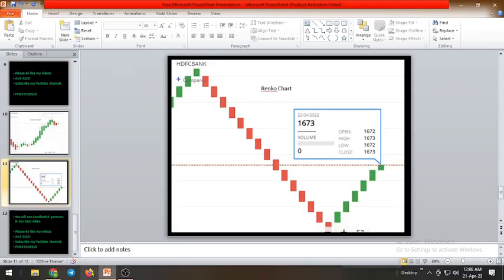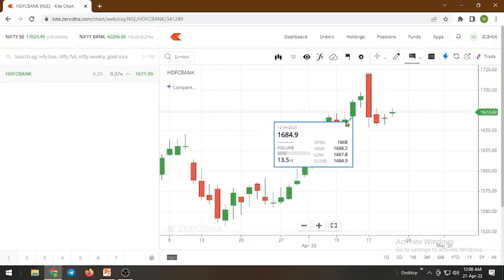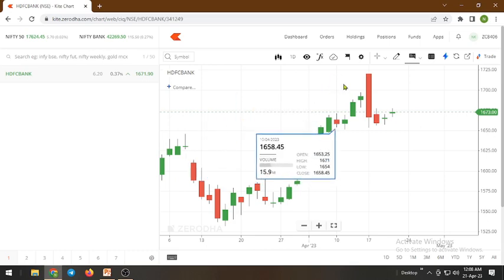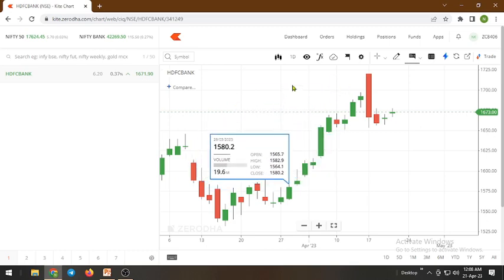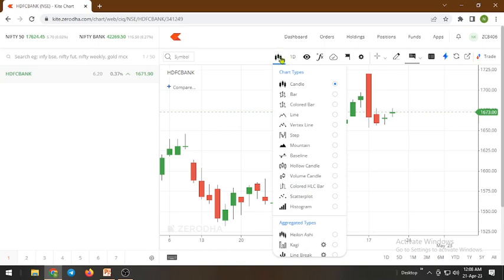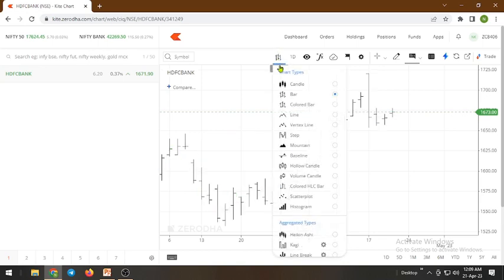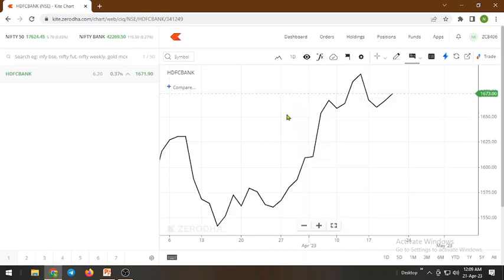Let us see this in the chart now. I use the Zerodha trading terminal, and I hope a lot of people are using this, and most trading terminals will have the same kind of chart types. So you can see this is the candlestick pattern, and this is the bar chart. Again, I'm just clicking only on the important ones: line chart.